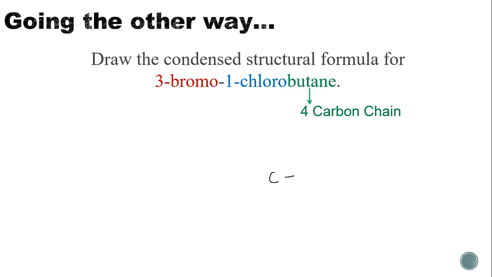So 1, 2, 3, 4. And there's my 4-carbon chain. Then I'm going to look at the things that are attached to that 4-carbon chain. So on the first carbon, there's a chlorine. So let me do that.